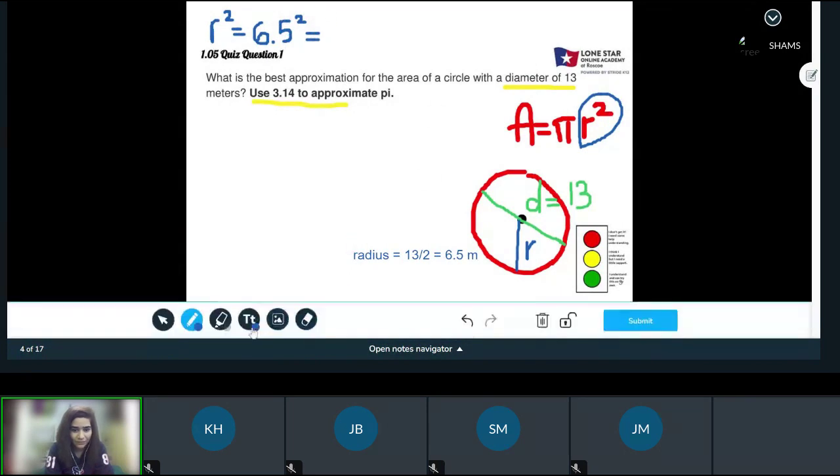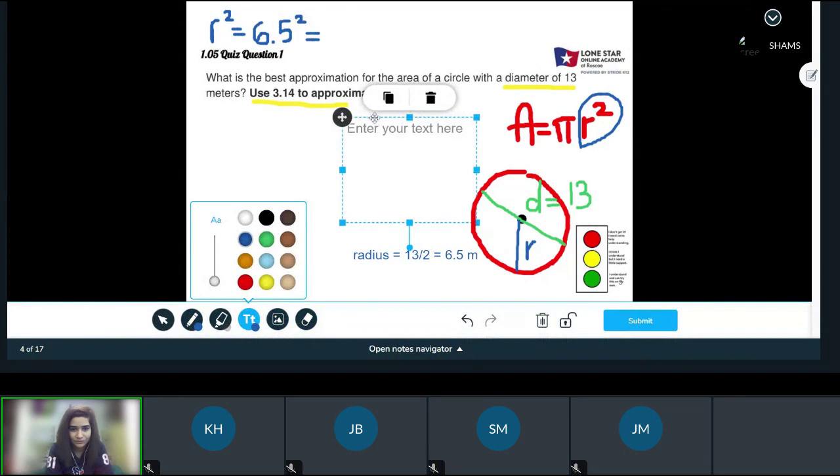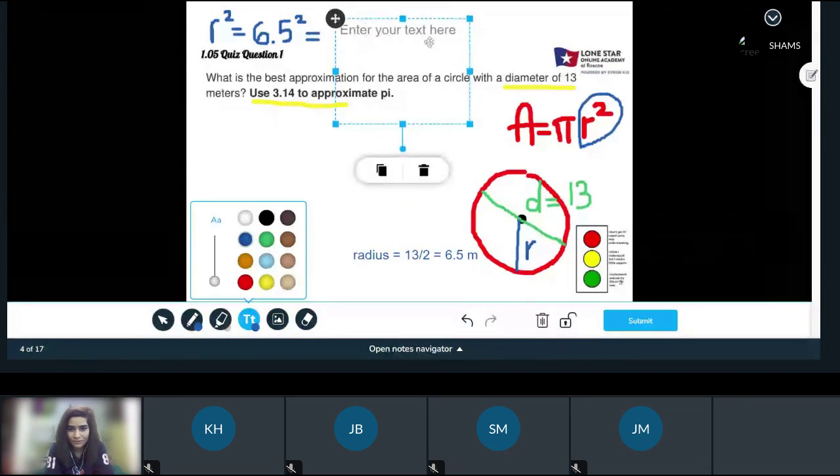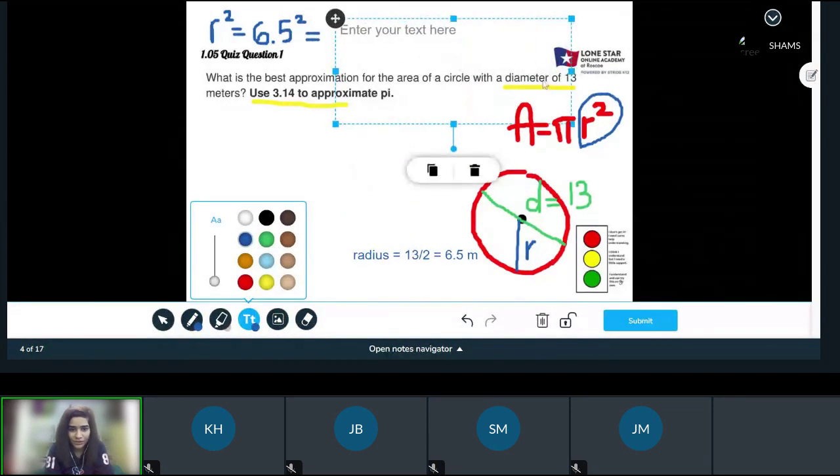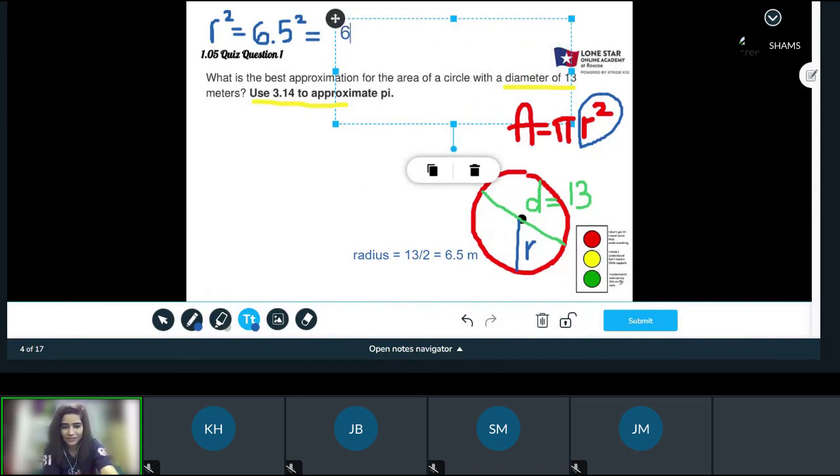I will type it out and let you know how to square 6.5. To square 6.5, we should do 6.5 times 6.5. 6.5 times 6.5. And let me see how much is the answer. Please type in the chat and let me know. How much is 6.5 squared?